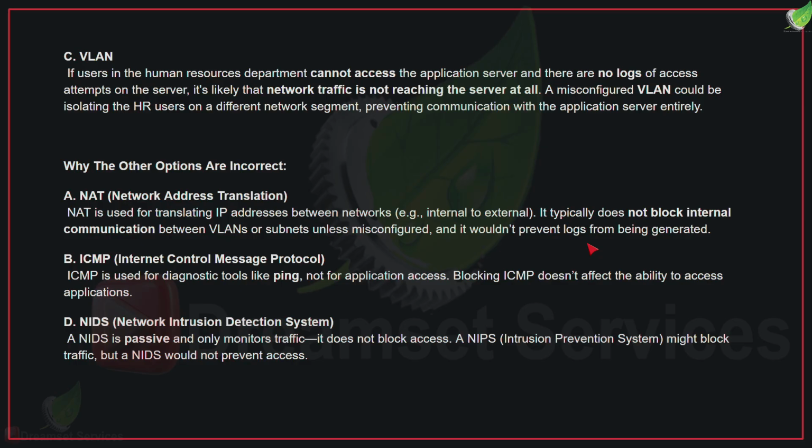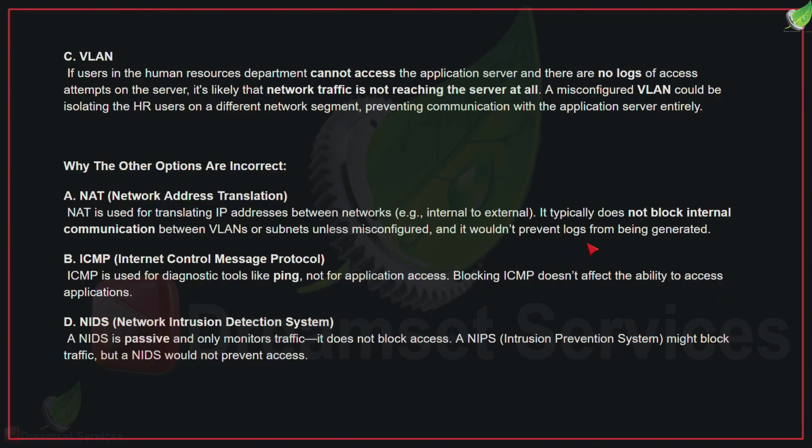A. NAT. NAT is used for translating IP addresses between networks. It typically does not block internal communication between VLANs or subnets unless misconfigured, and it wouldn't prevent logs from being generated. B. ICMP. ICMP is used for diagnostic tools like ping, not for application access.